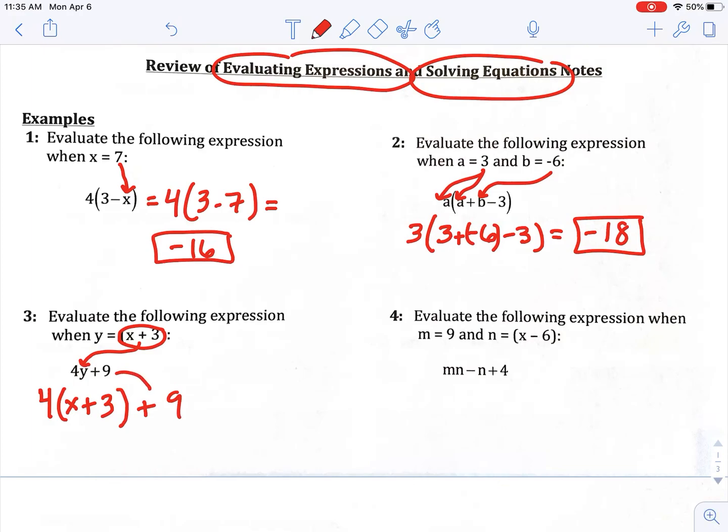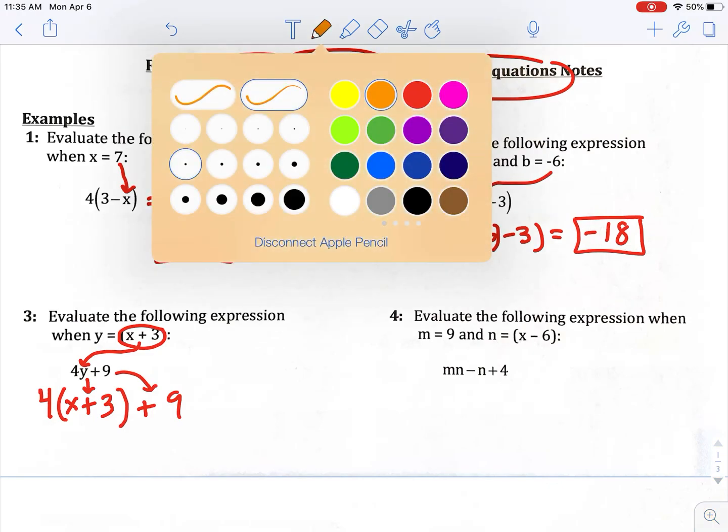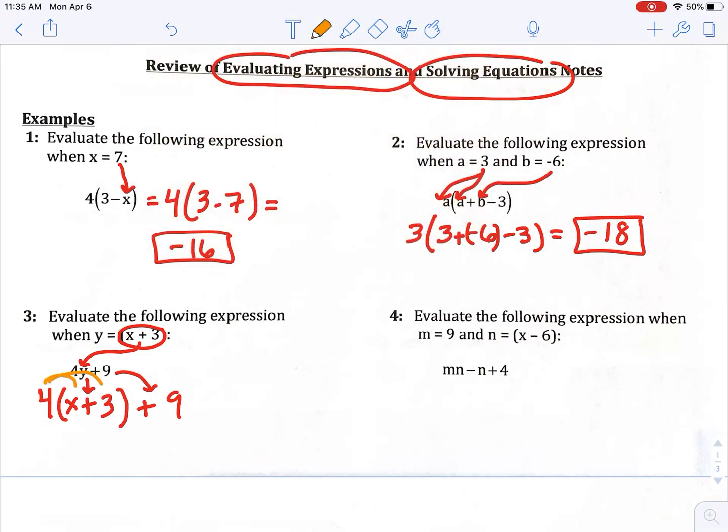And then I still have this plus 9, right? That still comes down. Now when I work this out, I have to distribute the 4. So I'll have 4x. 3 times 4 is 12 plus 9. And then the only thing I can do here is combine like terms. So 12 plus 9 would be 21. And this would be my final answer.